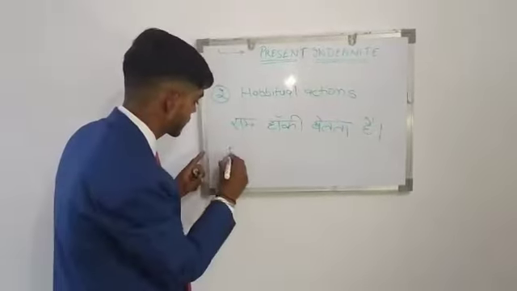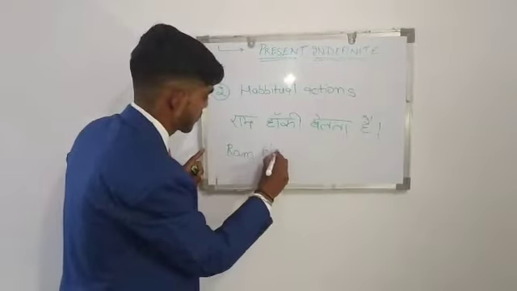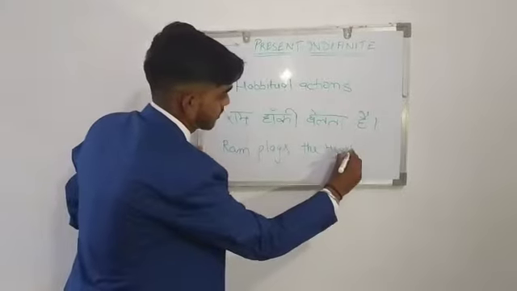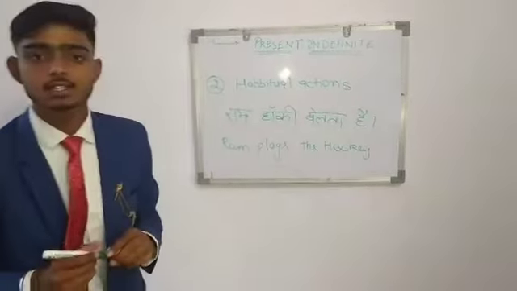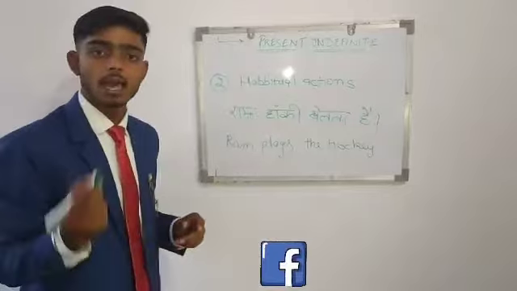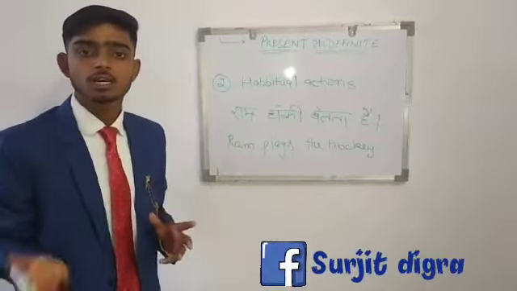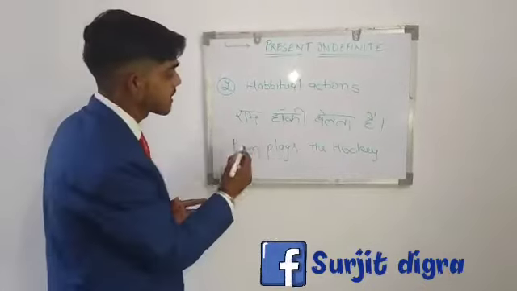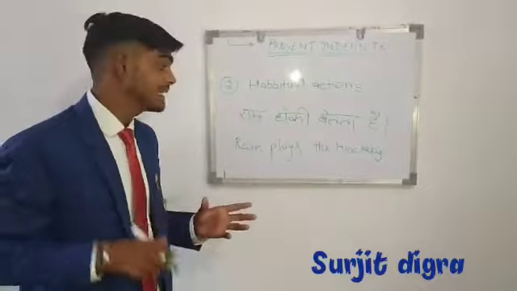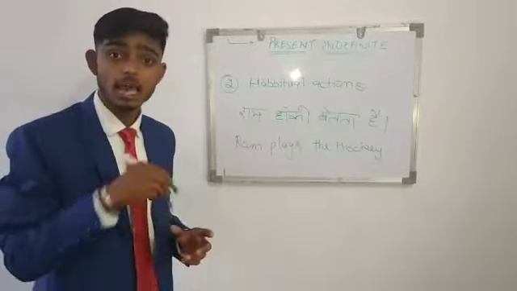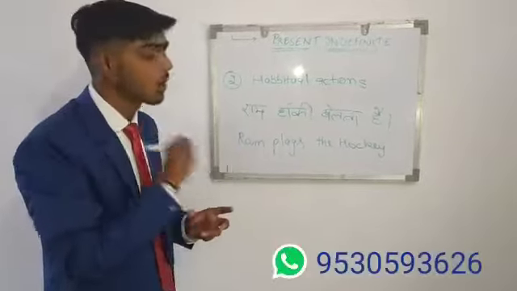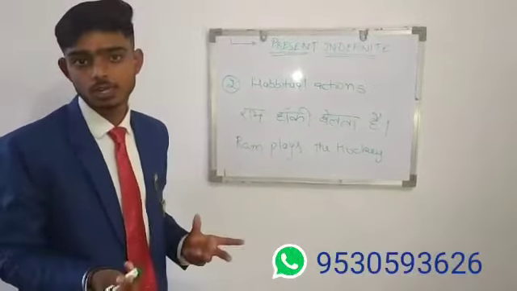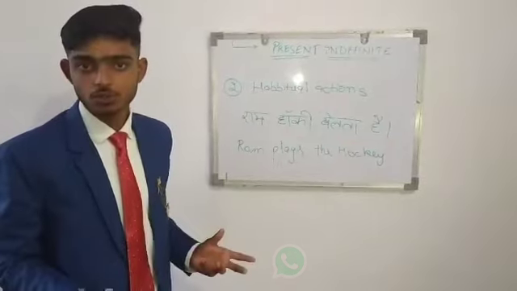That Ram plays the hockey. So this tense is also used to describe the habitual action of a person of daily life, the things which belong to the person's daily life, such as that Ram hockey khelta hai, that Ram plays the hockey. This means that this is a habit of Ram to play the hockey. So this tense is also used to show the habitual action, and also to show the universal truth.